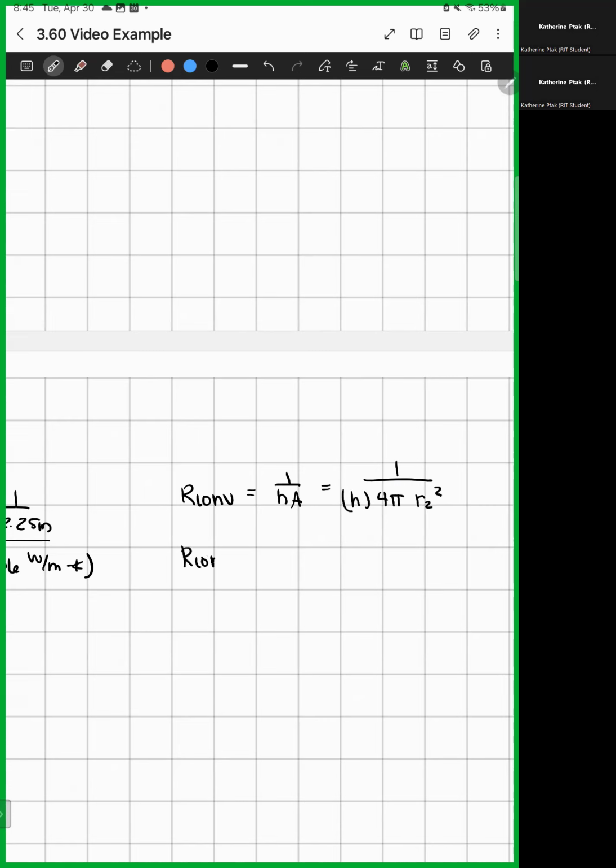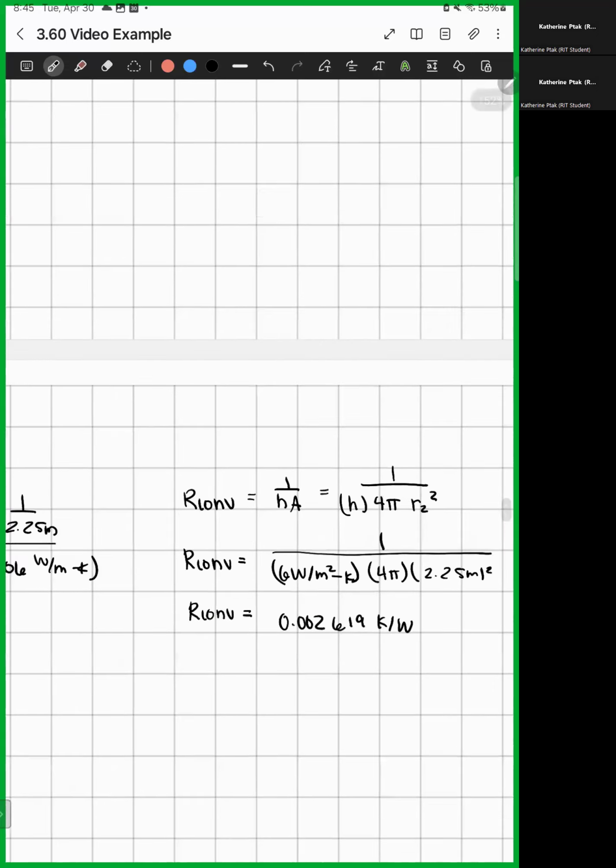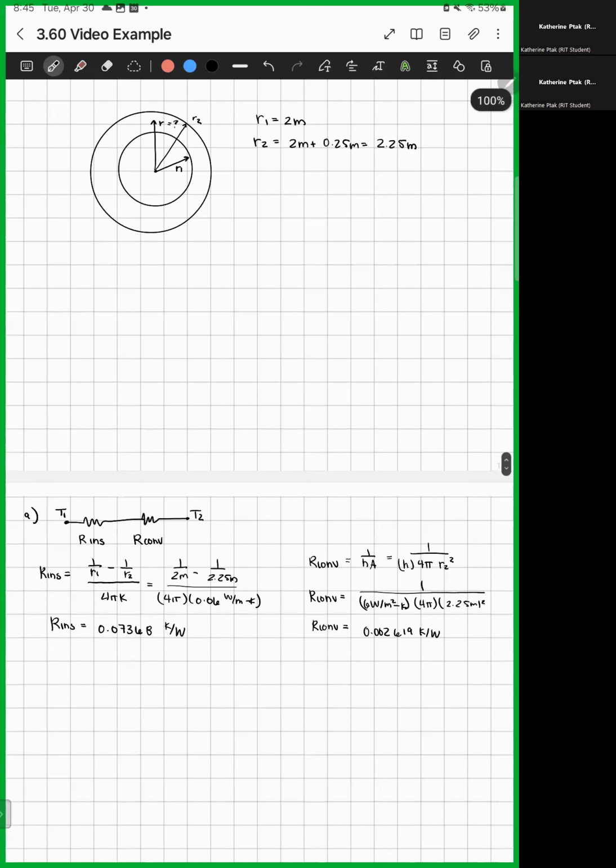And then if we plug that all in, you get 1 over 6 watts per meter squared Kelvin times 4 pi times 2.25 meters squared. And then if you do the math, you get 0.002619 Kelvin per watt. That is for the convection.